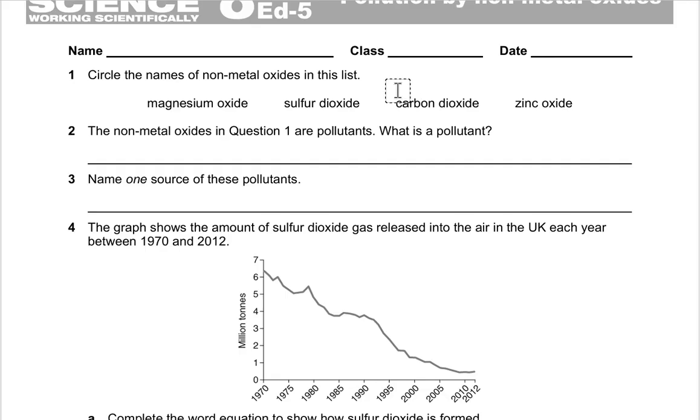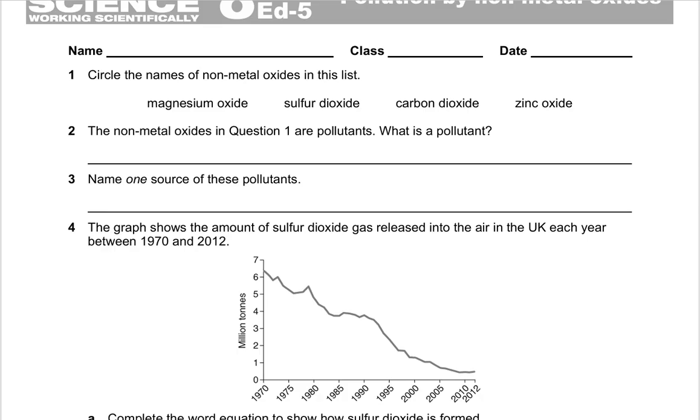Zinc is a metal. Sulfur is not a metal. And carbon dioxide, carbon is also not a metal. Okay, I'll give you 10 seconds. Just think nicely what are the metal oxides that you have written or learnt in the previous lessons.